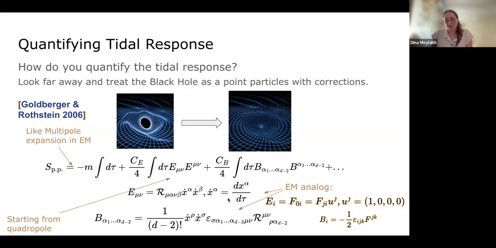If we are at the world line, in the center of mass, and our x dot is just a unit vector, this is just like contracting the Riemann tensor and getting a field. And similarly for the magnetic part, in electromagnetism, we contract the field strength tensor with a Levi-Civita tensor. And here, similarly, for the gravitational part, we contract the Riemann tensor with a Levi-Civita tensor.